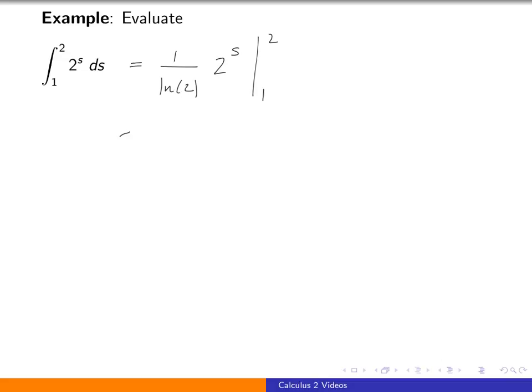We replace s with a 2, put a minus sign, replace s with a 1. So we have 2 squared minus 2 to the 1. 2 squared is 4, minus 2 is 2. So we end up with 2 divided by the natural log of 2.